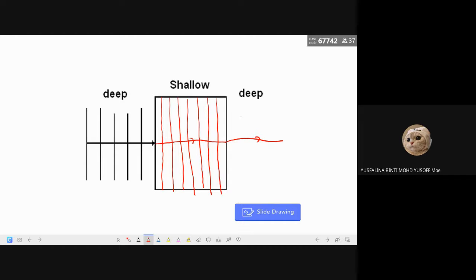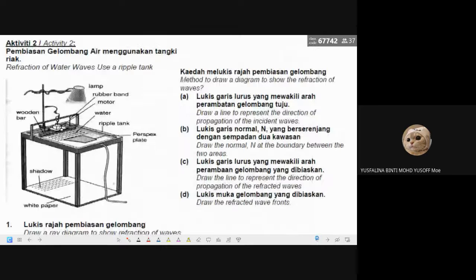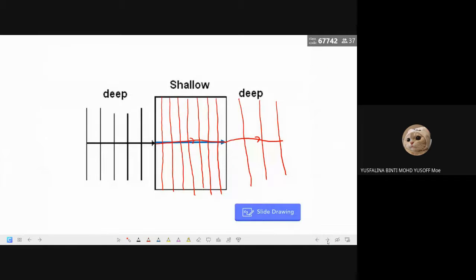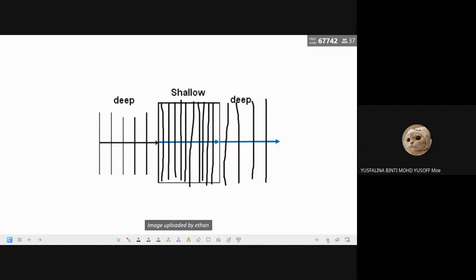Okay, so that's the answer. At the shallow part, the wavelength will become shorter. So let's see your answer here. So that's the direction of the propagation.